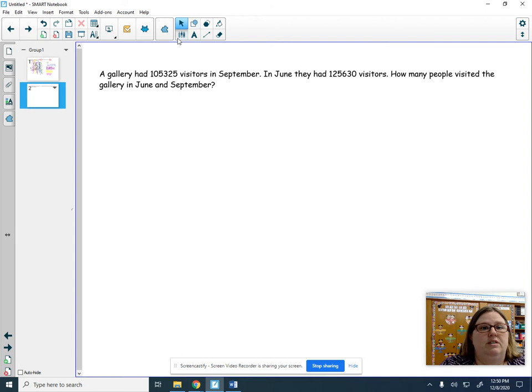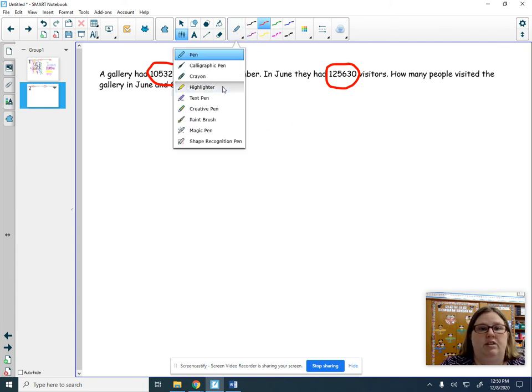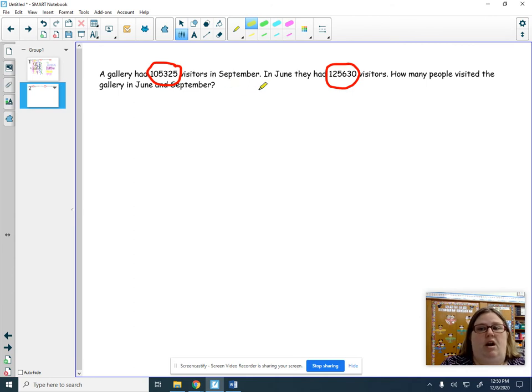So we're going to start by circling our numbers. So 105,325. My next number is 125,630. All right. Now we're going to highlight our keyword.